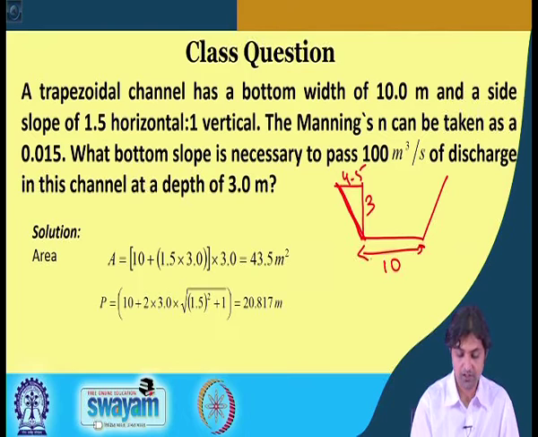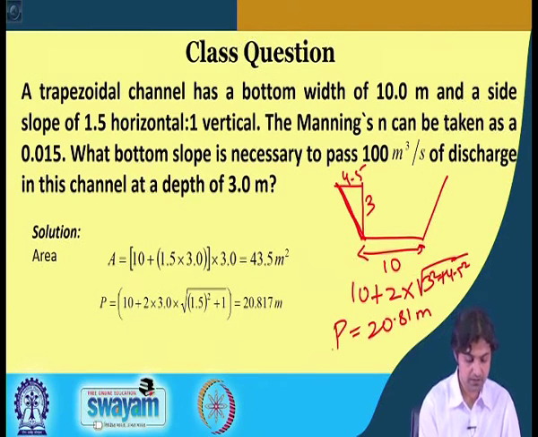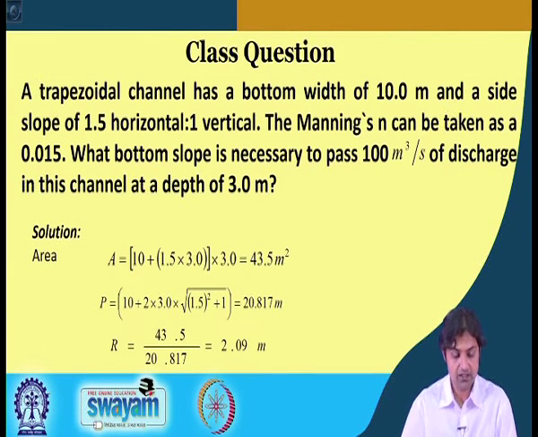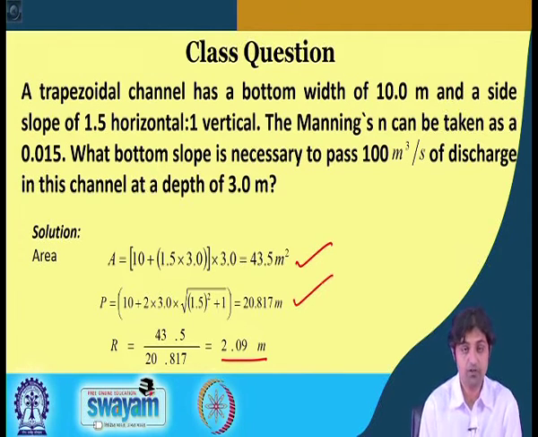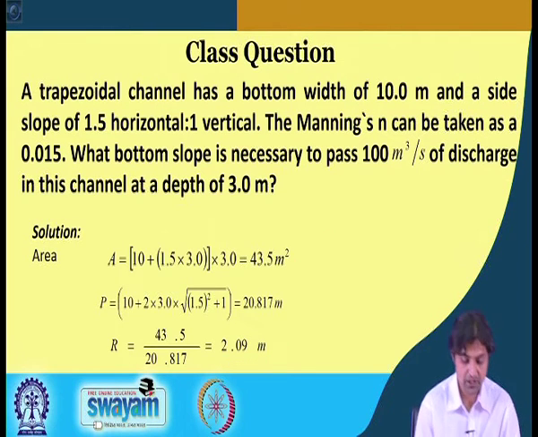So this will come to 10 plus 2 into under root 3 square plus 4.5 whole square, and that will come to be 20.81 meter. Perimeter is also correct. Therefore, hydraulic radius is A by P. So, 43.5 divided by 20.81, that is 2.09 meter. So, we have been able to find out area, perimeter, and the hydraulic radius.